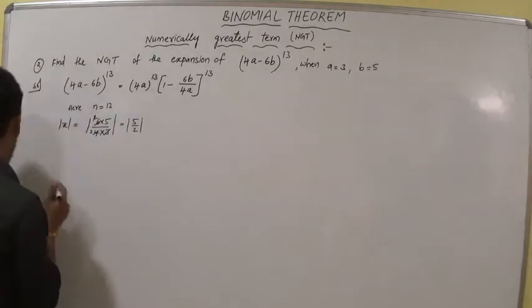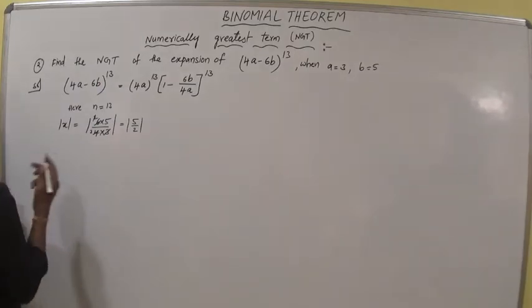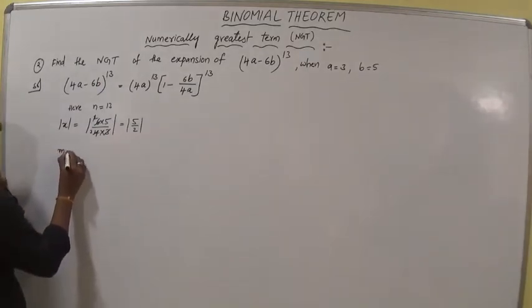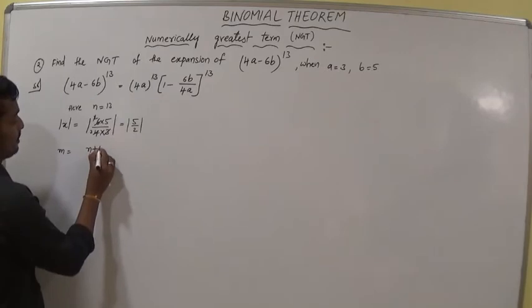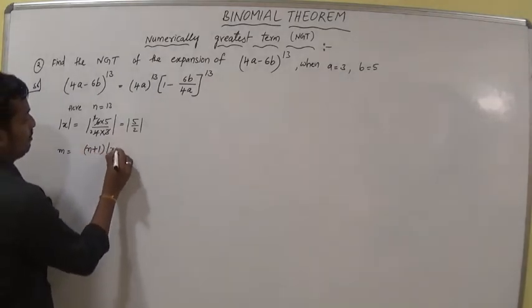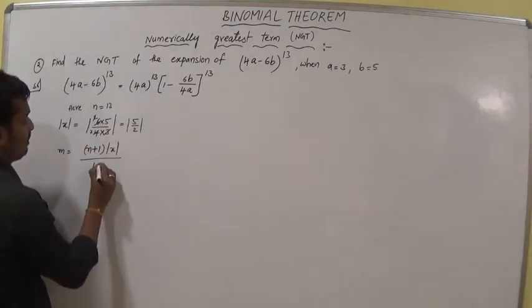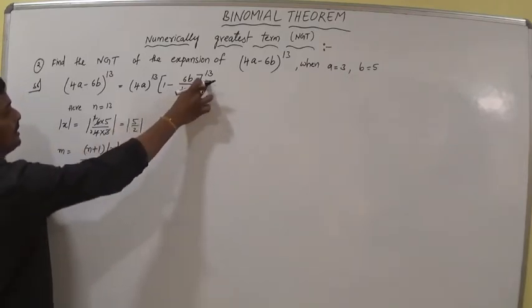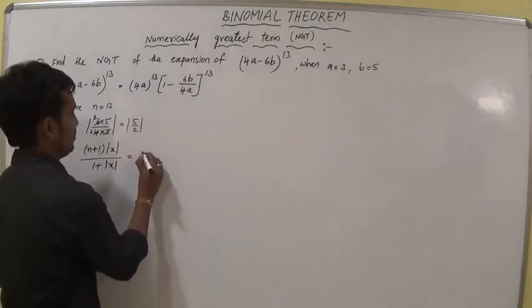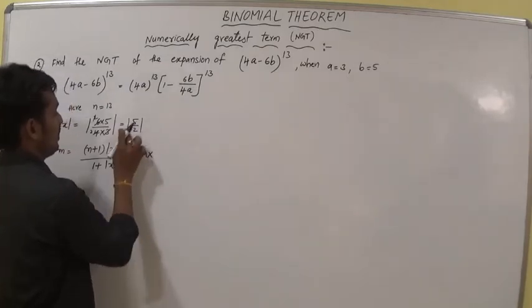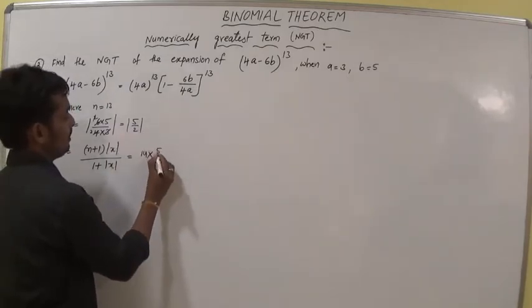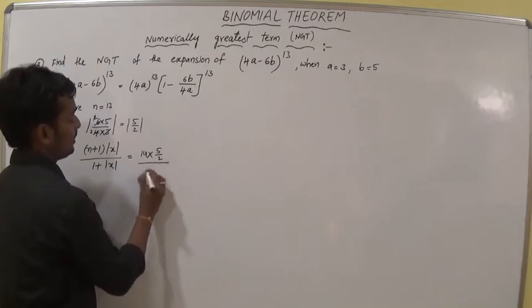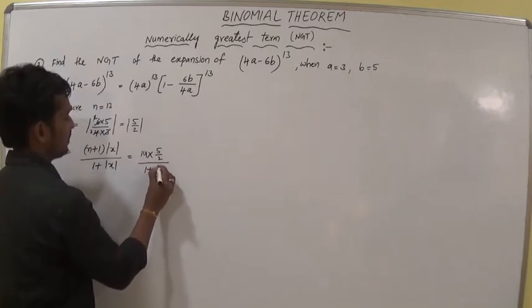Now I am calculating m. m is equal to (n plus 1) into mod x by (1 plus mod x). The value of n is 13, 13 plus 1 is 14, 14 into the value of mod x, which is 5 by 2, by 1 plus 5 by 2.